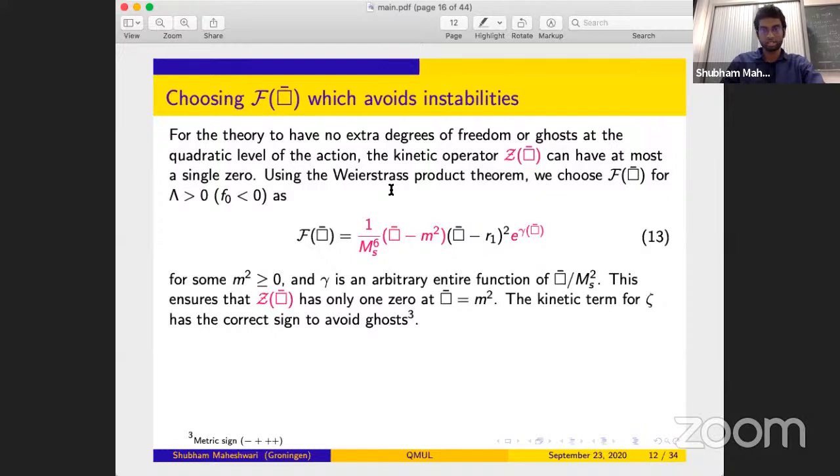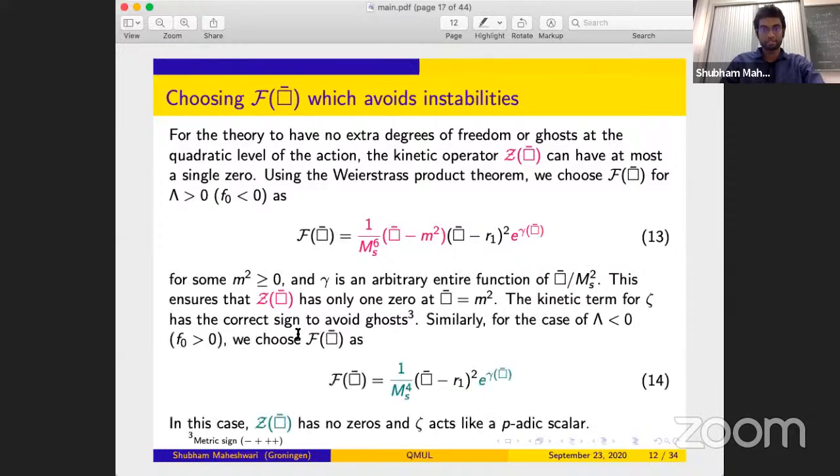But it depends on the sign that you have for the cosmological constant. If it's positive, then you need to have f of 0 negative, where f of 0 is the first coefficient in the expansion of f of box around box equals 0. So for a positive cosmological constant, you need to choose your f of box as it is given in equation 13.